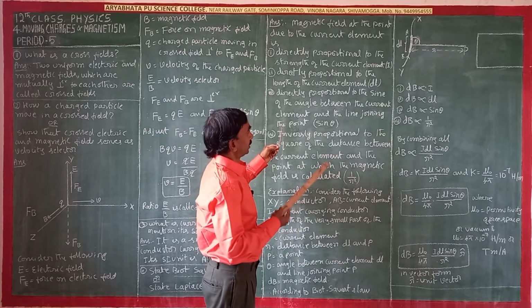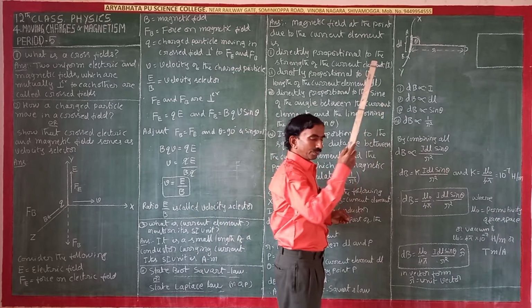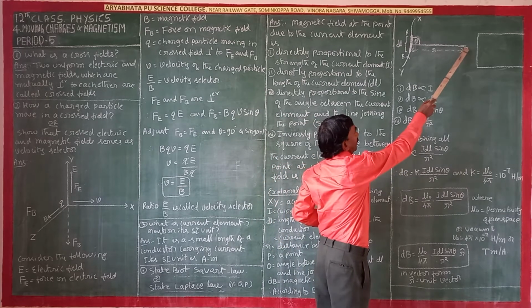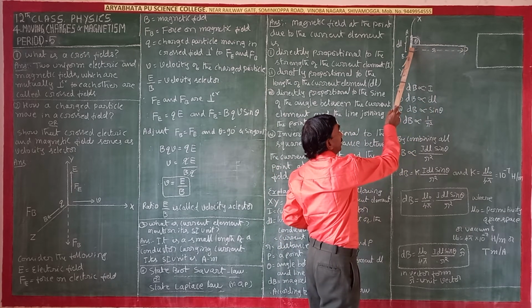Now we have to find out how much magnetic field there is at the point P due to this very small length.